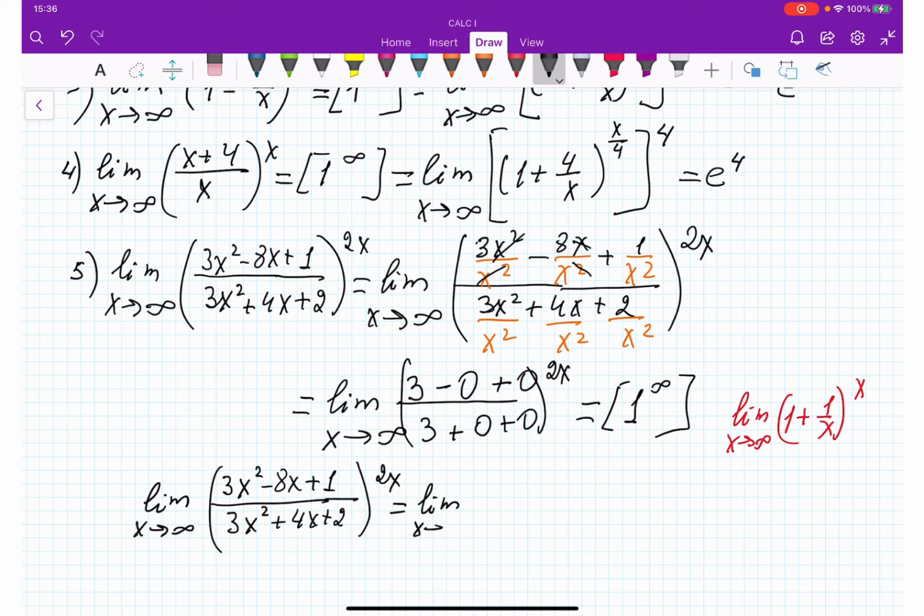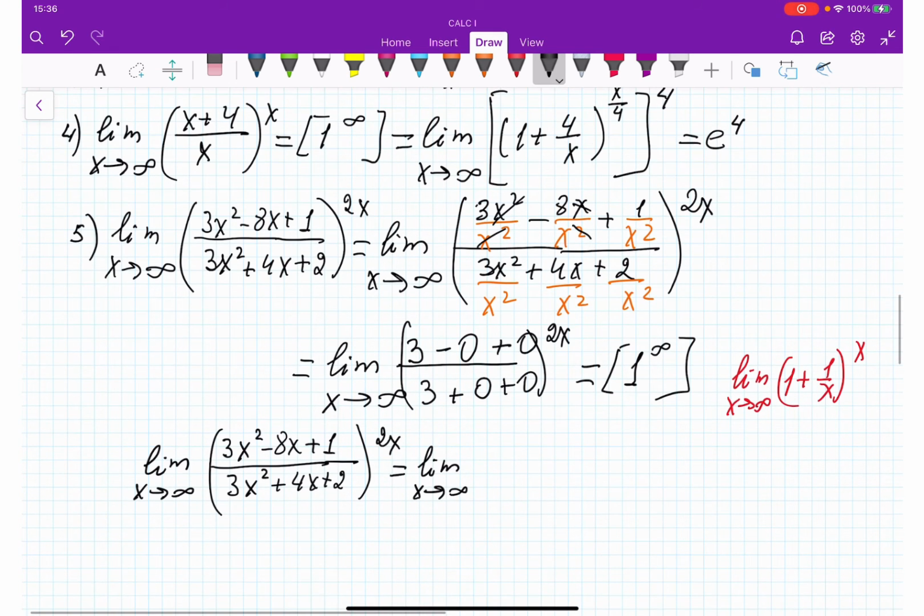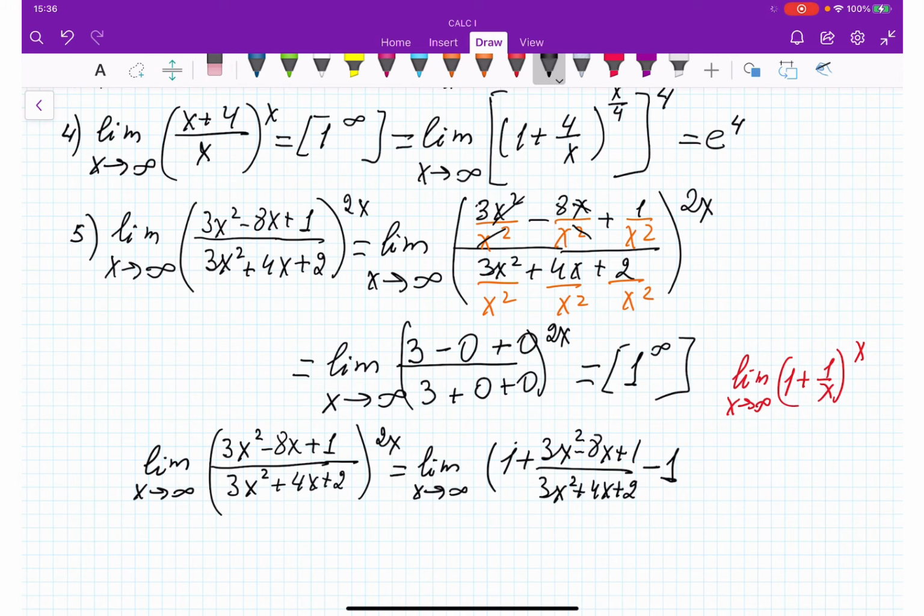Let's see what kind of manipulations we are going to do with this expression to bring it to the format we are interested in. I'm going to write down 1 plus (3x squared minus 8x plus 1) over (3x squared plus 4x plus 2). Since I added 1, I don't dare to change it, therefore I'm subtracting 1 also, to power 2x.